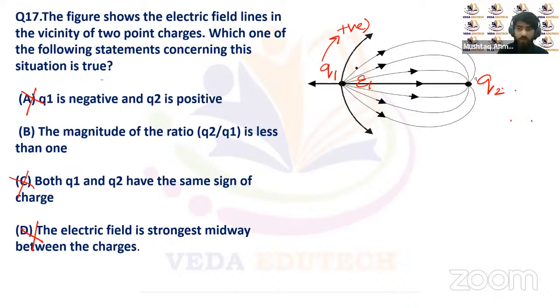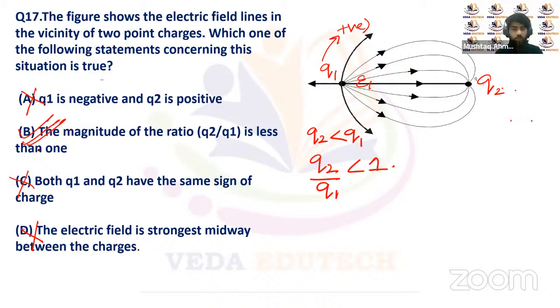But you can see there are certain electric field lines originating from Q1, but not all the field lines are terminating on Q2. It means that the magnitude of Q2 should be less than the magnitude of Q1. From here we can conclude that the ratio Q2 upon Q1 has to be less than 1. So the correct option for this question will be option number B.